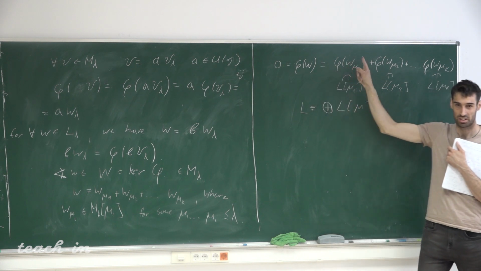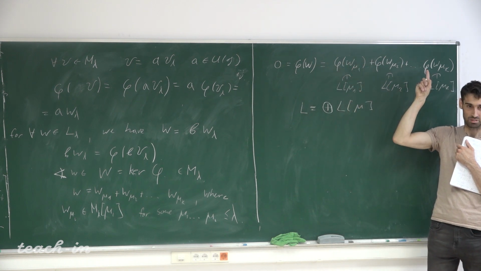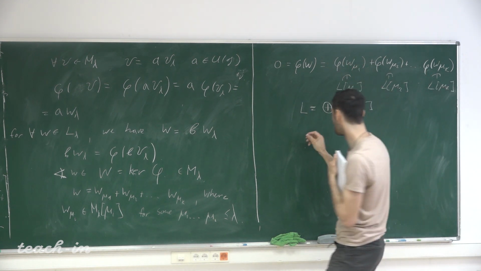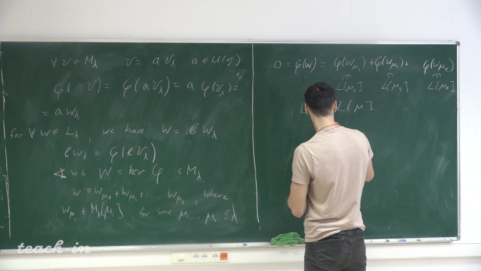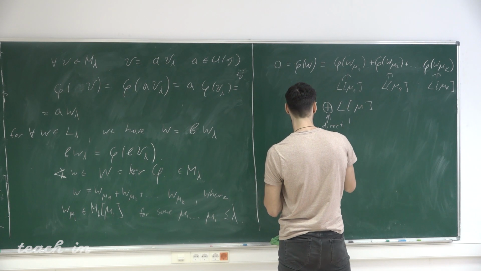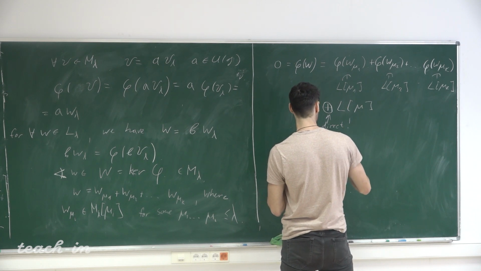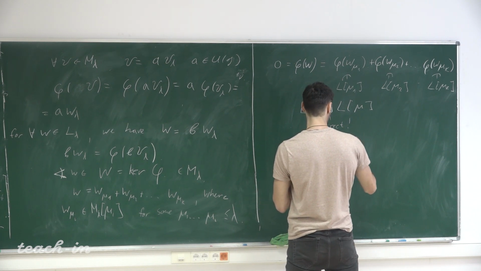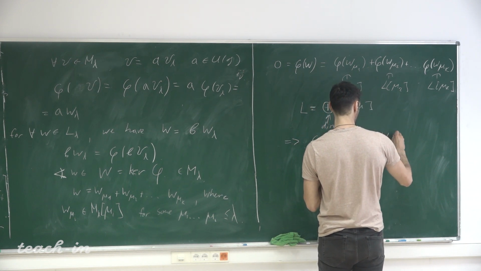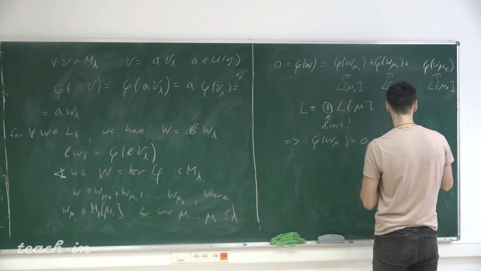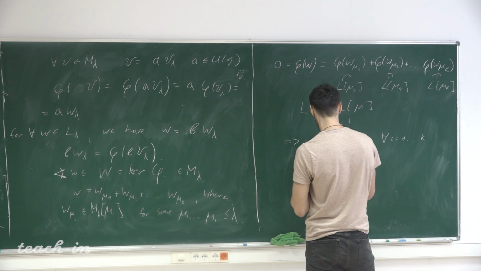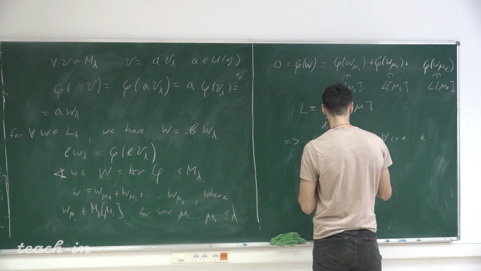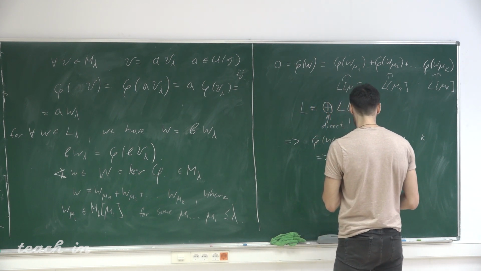So therefore each element should be 0, since the sum is direct. So therefore phi of w mu i equals 0 for every i from 1 to k. So therefore w mu i is in the kernel, and we are done.